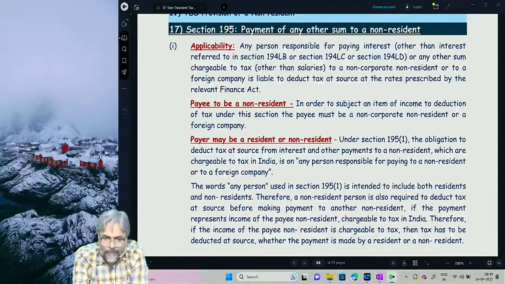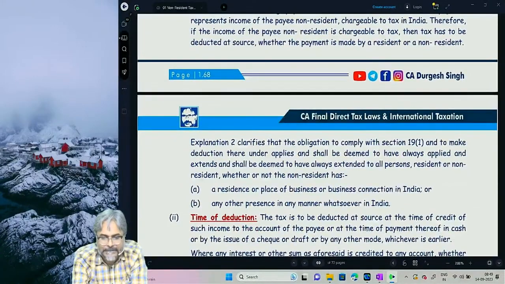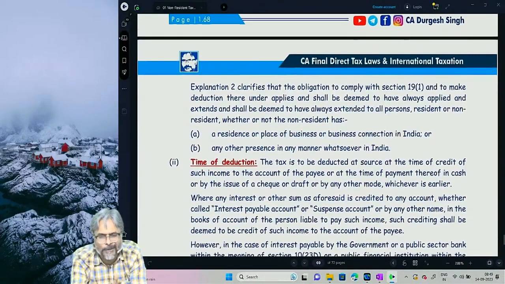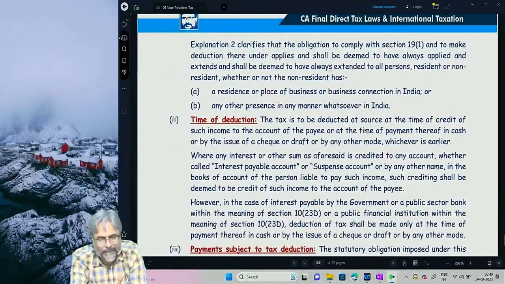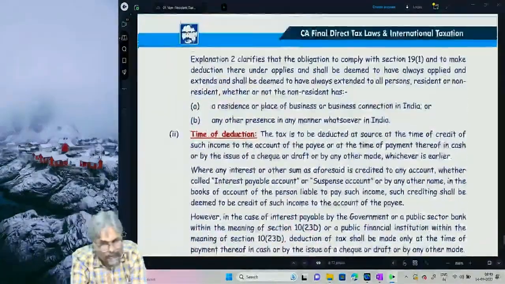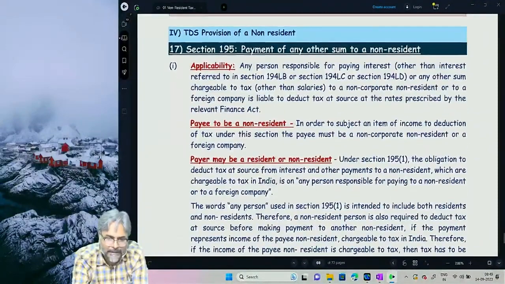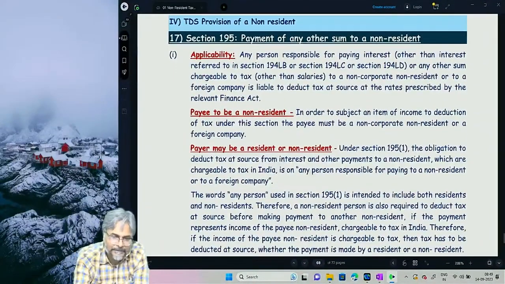Now, students, I want all of you to read 1.68 and in 1.69 up to the first paragraph, that is A and B. I don't want point number 2 to be discussed. You don't have to read time of deduction, payment subject to tax deduction. That is not required. Only up till A and B. Start reading, students, peacefully, this section.